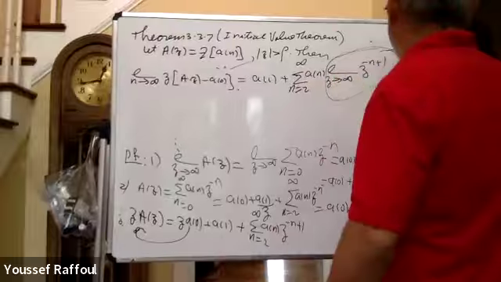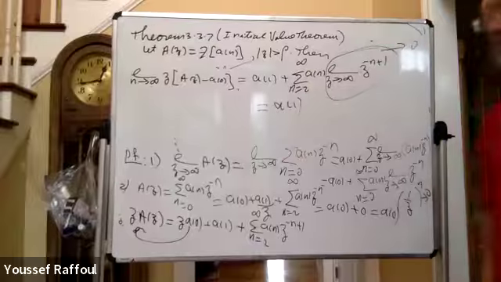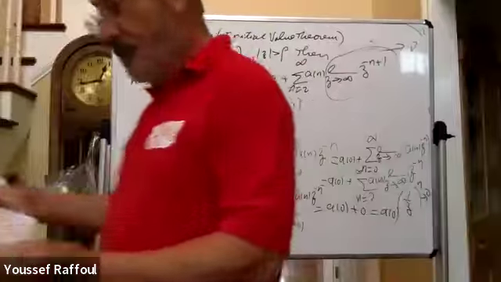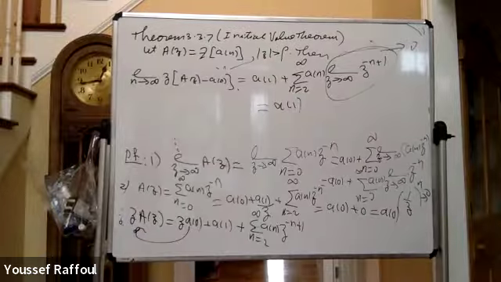Well, this goes to 0, so that is A1, and that proves the theorem. Part C is the same, and we're not going to do it.